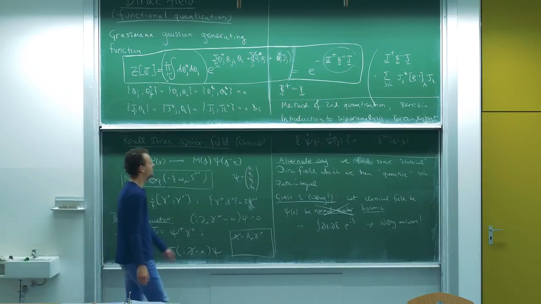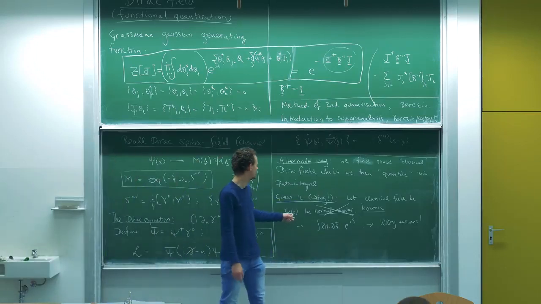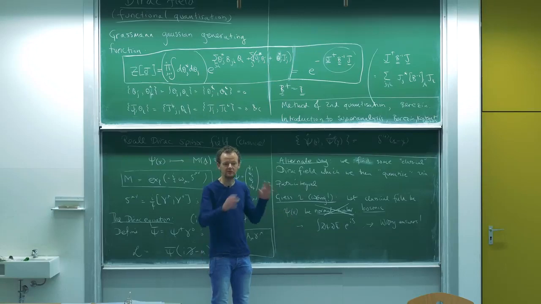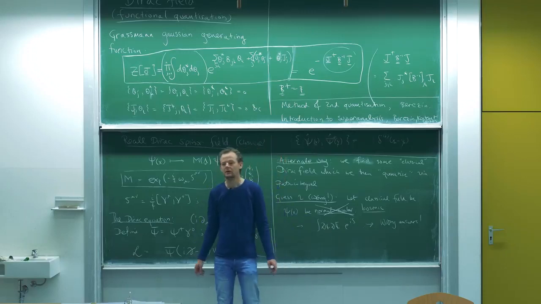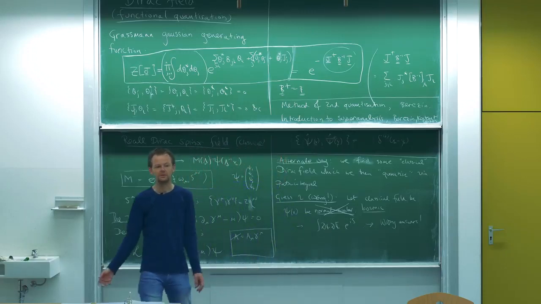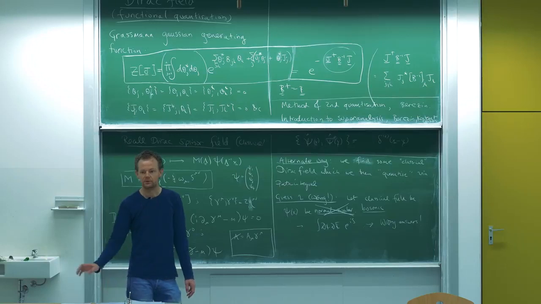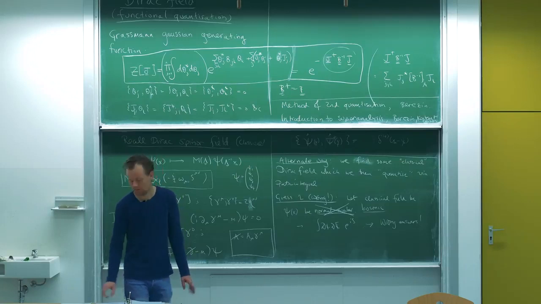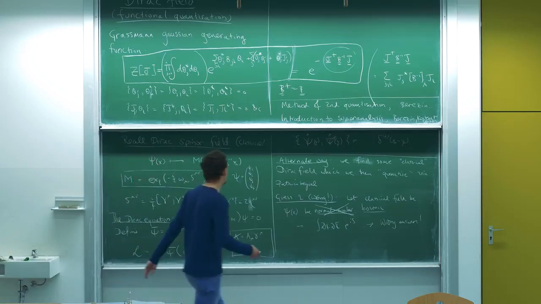So if you treat the classical version of the Dirac field psi of x as just a normal bunch of numbers that depend on space-time, stick it in the path integral, what are you going to get? Well, the path integral thinks it's a boson. Boom, you get bosonic quantization of the Dirac field. So we know what goes wrong there. We've been down that road, so we don't want to go down that road.